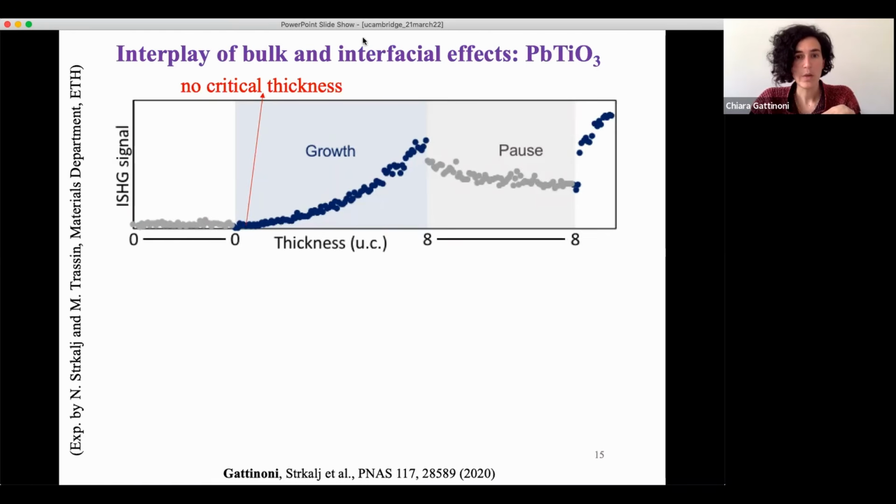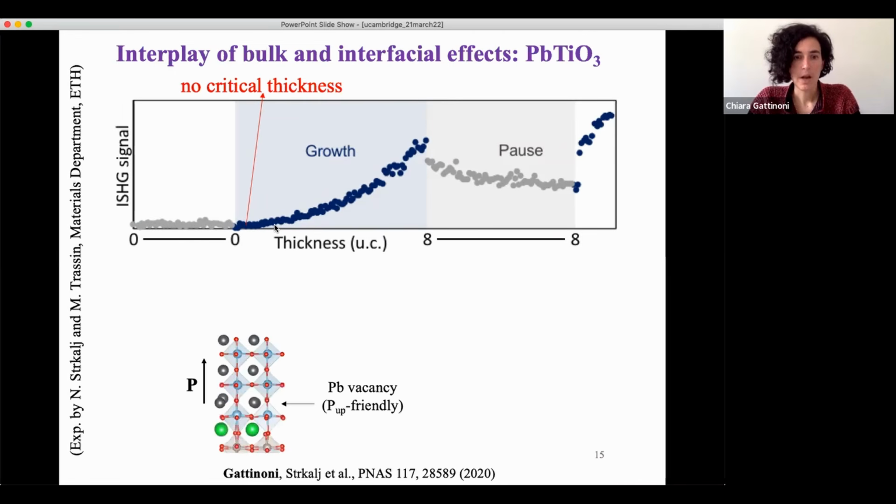So they were looking at lead titanate growing on a metal, and what they observed is that it grew without critical thickness. So you see that at 1 or 2 unit cells, they already have a signal. And the way that we explained it, the polarization was P up. On strontium ruthenate, lead titanate only grows P up.